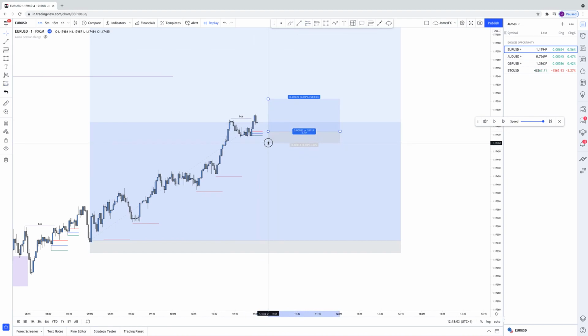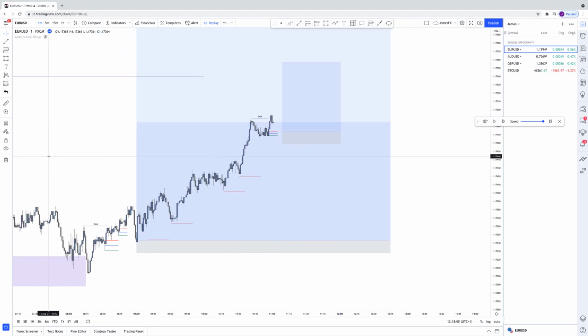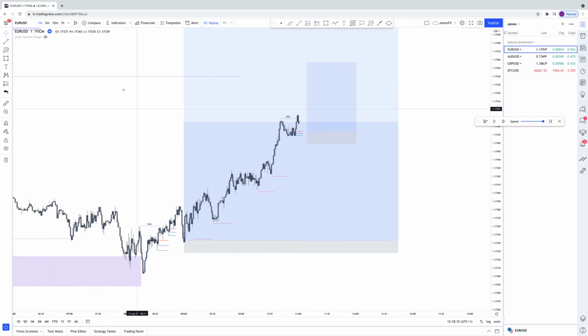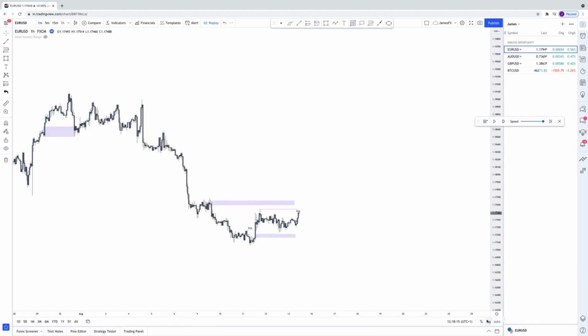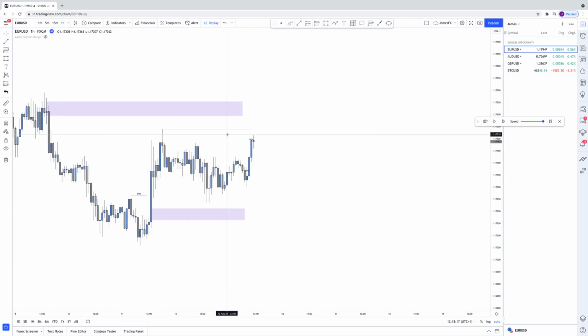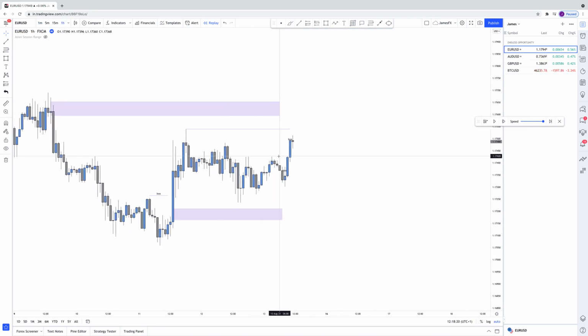Now the reason why I did not take this trade is because if we zoom out to the hourly, that looks great, doesn't it? Zoom right in, what we can see is we're approaching this high. And we've just previously taken out this high, so it's likely we could see a deeper pullback, because as we know, highs and lows get manipulated.